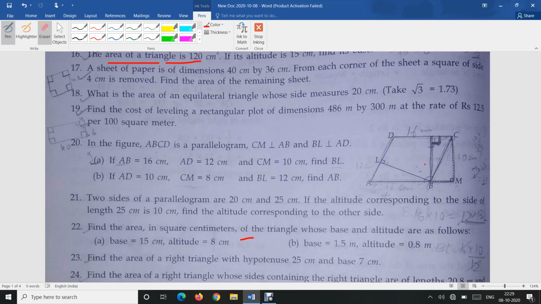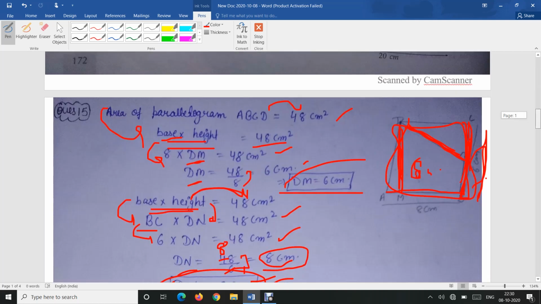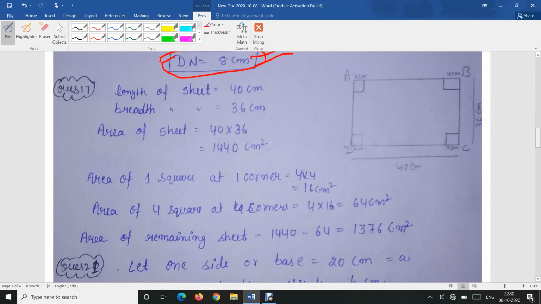So for that, first of all you have to find out the area of the original sheet, where the dimensions are 40 and 36. So see the solution for this question also. Here it is. This is in the form of a rectangle.